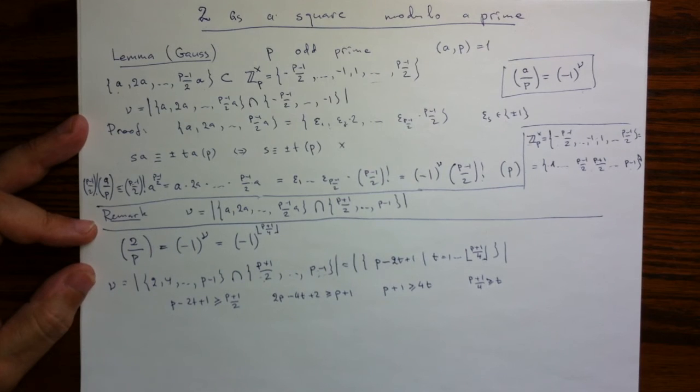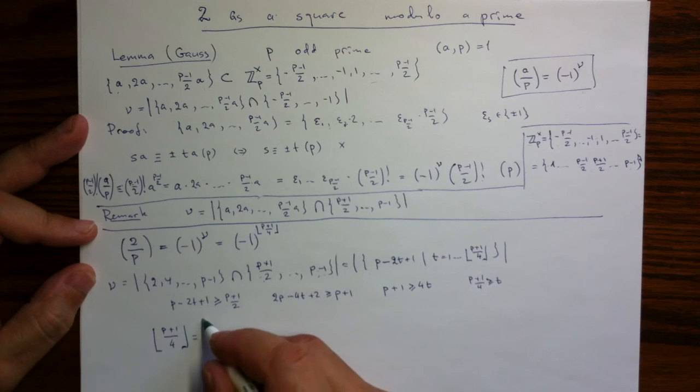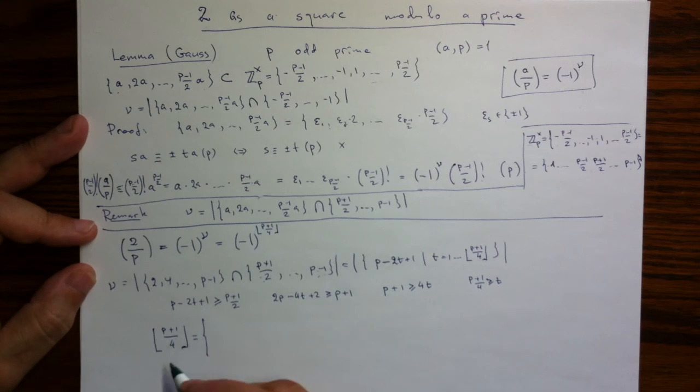And the final push is to, well, rewrite it in a better form. So if we look at what is this integer part, you could quickly see that it really depends on the remainder of the prime p modulo 8.